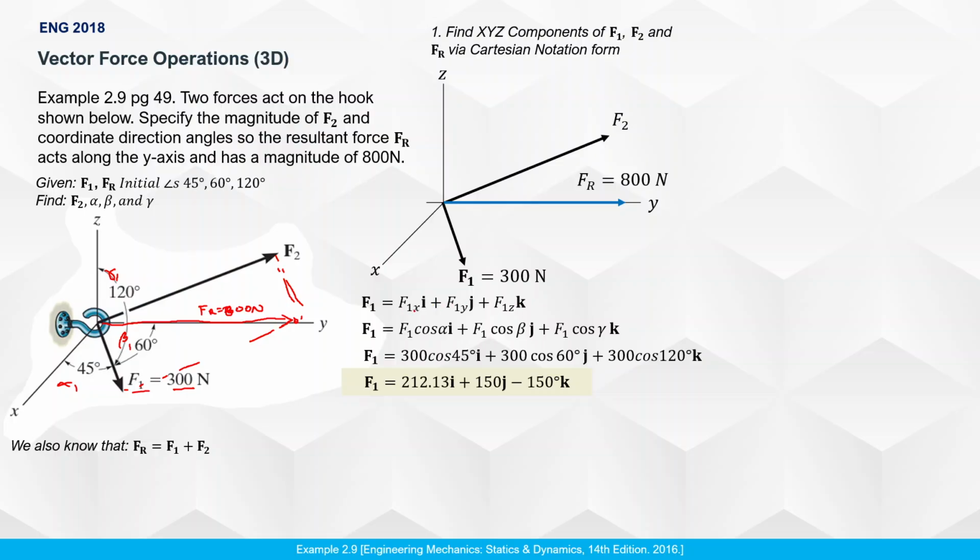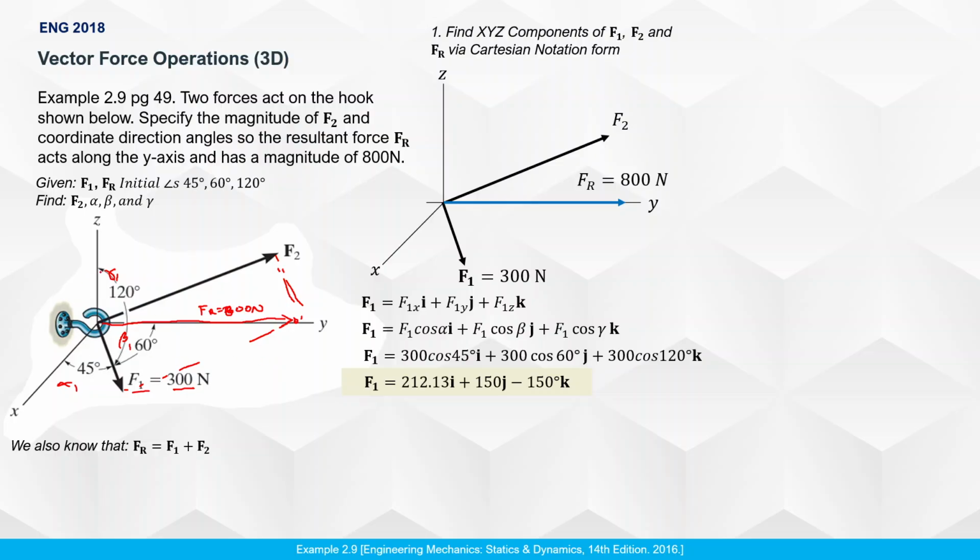And we know this because F1x, we know rin na may relationships na pagdating sa respective cosines nila. So this one is simply F1 cosine alpha times 300. So that's 300 cosine 45 degrees. Per y component, that will be 300 cosine 60 degrees. And then 300 cosine 120 degrees. Now, ang mali lang dito would be positive yung x, positive yung y.